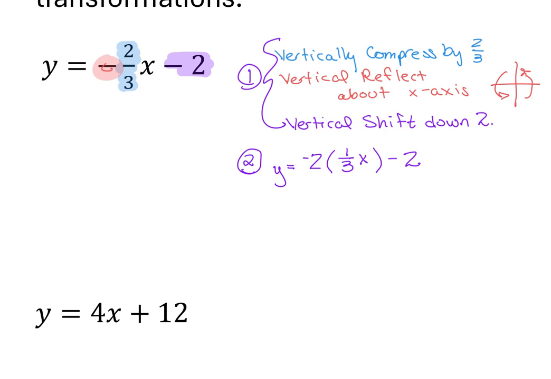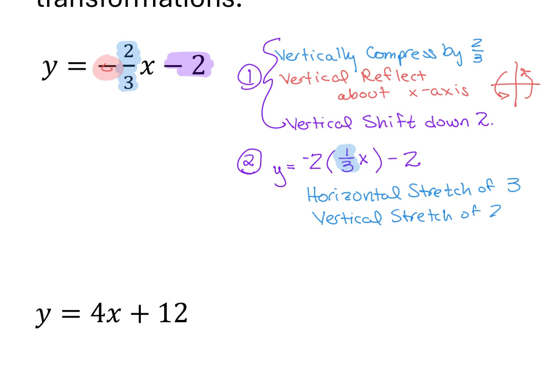And so what this is going to entail is we are going to have a horizontal stretch of 3. This corresponds to my 1/3 inside the parentheses. We can also go ahead and say that we have a vertical stretch of 2.